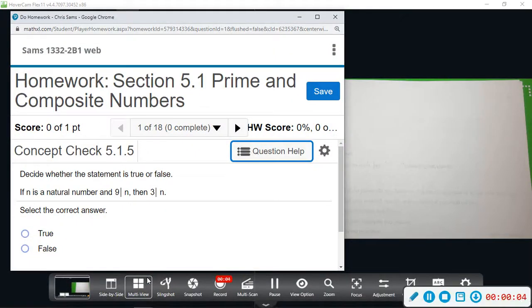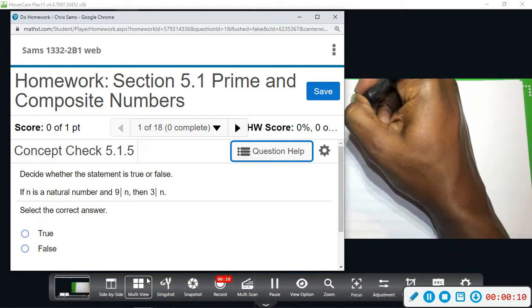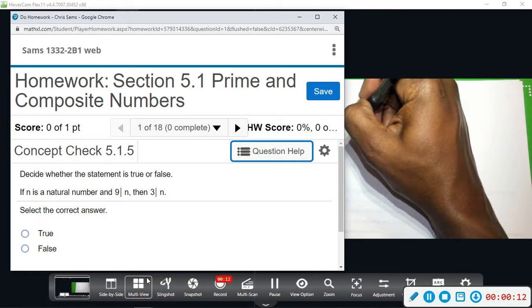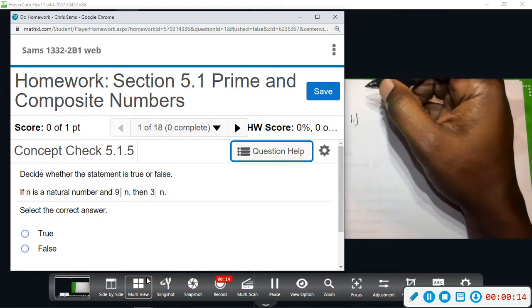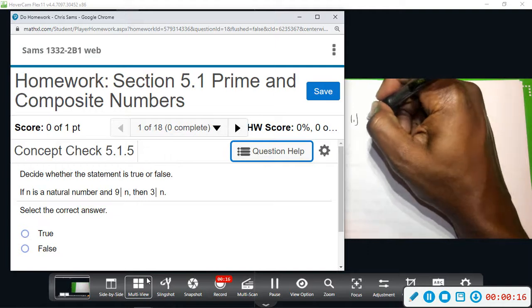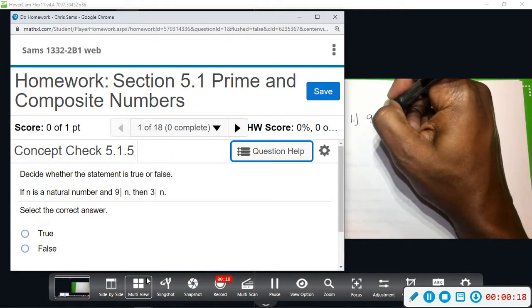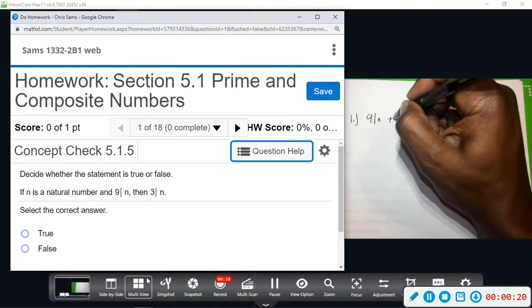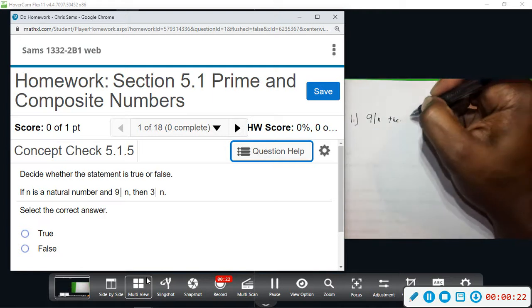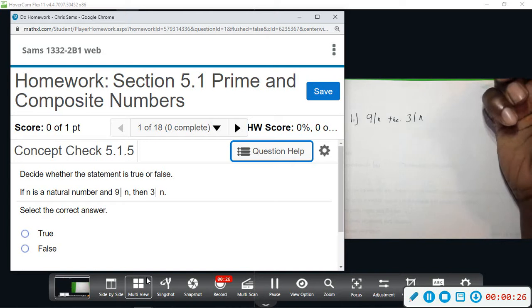Alright, so number one, we say if n is a natural number and 9 divides n, then 3 divides n. Okay, so we have this 9 divides n, then 3 divides n. So how do we know that?